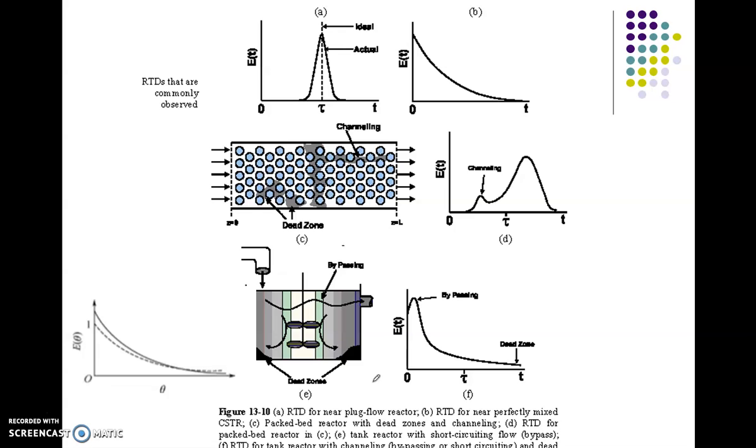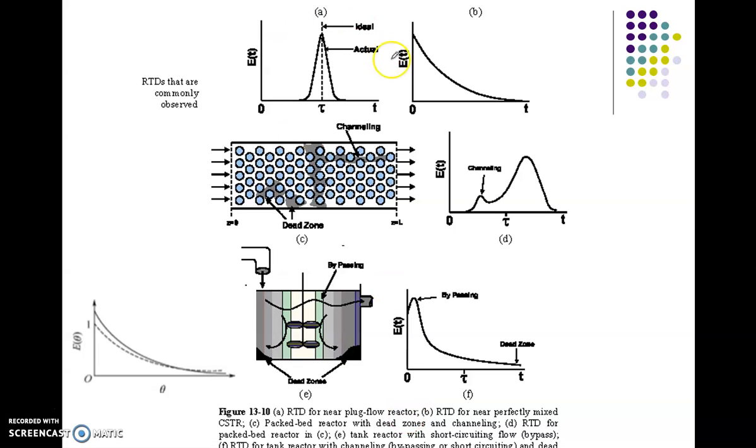From this curve, let's see. This is A, an E curve. This is how an ideal E curve should look for the ideal plug flow reactor. Here we can see the RTD for a near plug flow reactor.